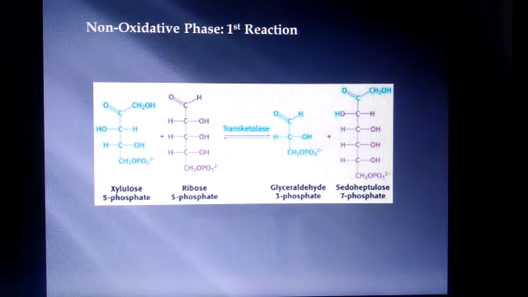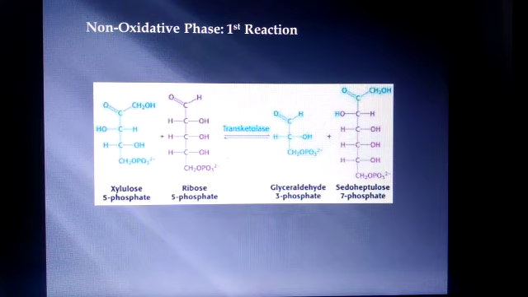This reaction is catalyzed by transketolase, which contains tightly bound thiamine pyrophosphate. Thiamine pyrophosphate is a derivative of vitamin B1, thiamine. Transketolase also requires magnesium ion.